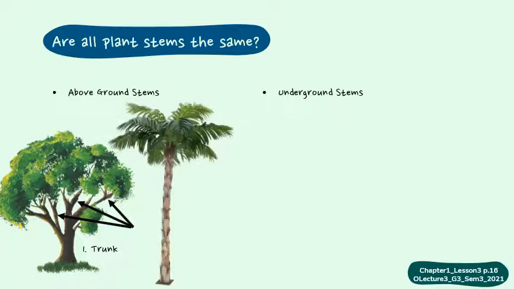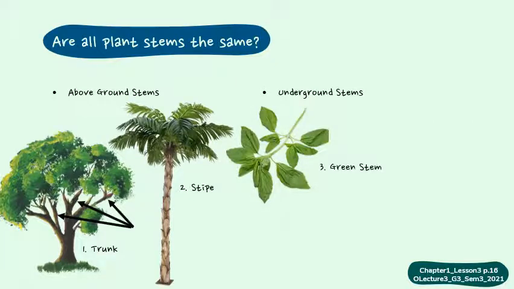The stipe is also a woody, thick and hard stem that grows high, but it does not ramify. It does not have branches. Some plants have green stems. Green stems are thin, are hollow, they are green, and they are flexible. We can bend them.